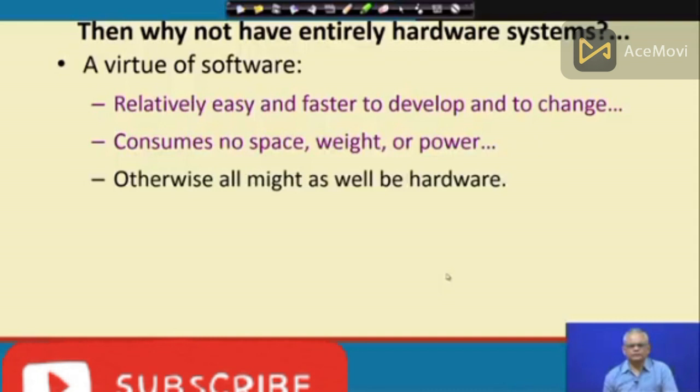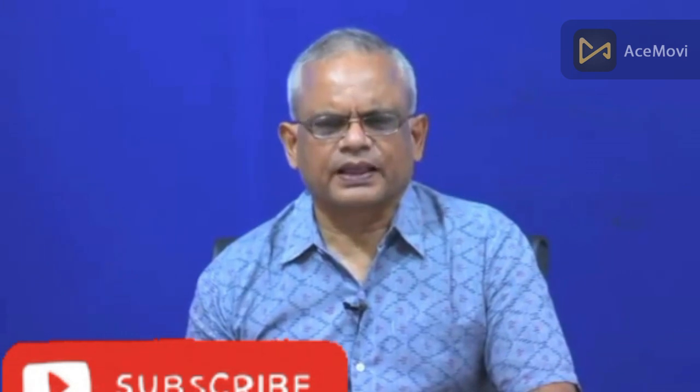If you want to develop something that works in software, let us say Rational Enterprise Suite, or the word processing software Microsoft Word, it is possible to have this developed in hardware, but the size of the hardware will be enormous, it will be extremely expensive and it will consume huge power.